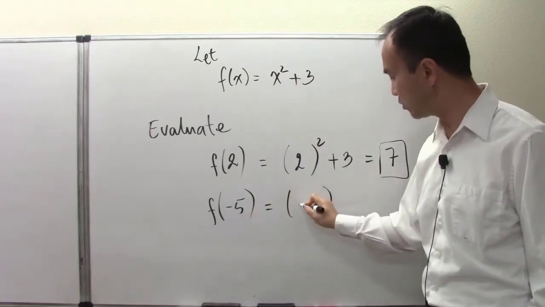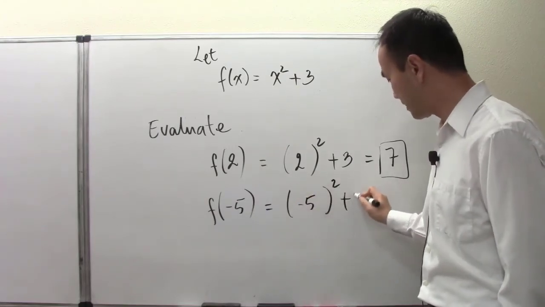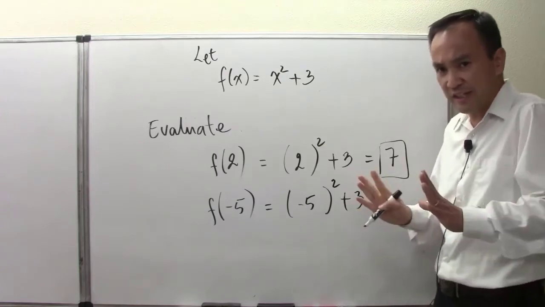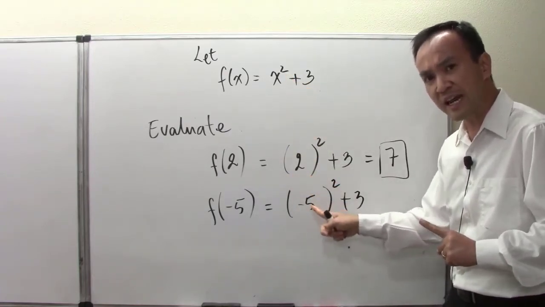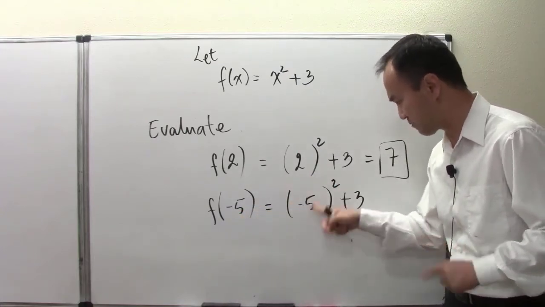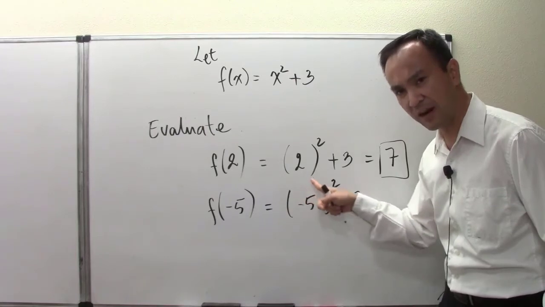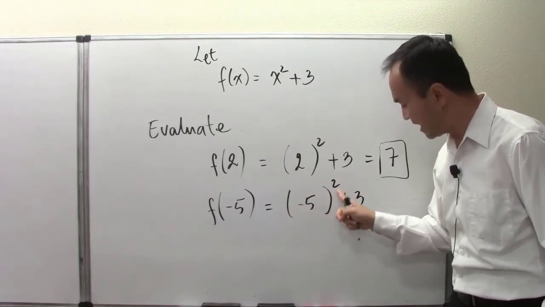So here I'm putting negative 5 inside parentheses, squared, and then plus 3 according to the rule. The rule says I'm going to square the input, but since the input is negative 5, it makes sense that we put the entire value, including the sign, in a pair of parentheses, and then square.